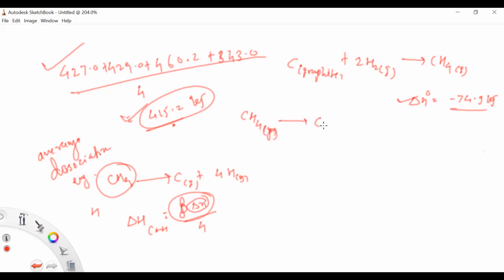This is the gaseous carbon, this graphite plus 2 hydrogen, that is gaseous, and it requires delta H0 equals minus 74.9 kilojoule. Right. So further it is given that the carbon sublimates.